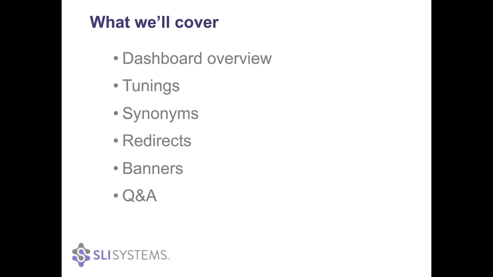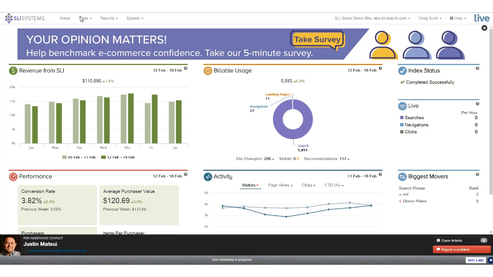All right, so we're currently on what we call the dashboard. You should have access to this because you're using SLI Systems. If you don't have access, there may be someone within your team that is an admin and they can invite you. They can do that by going to the top right hand corner, where you'll see user details.